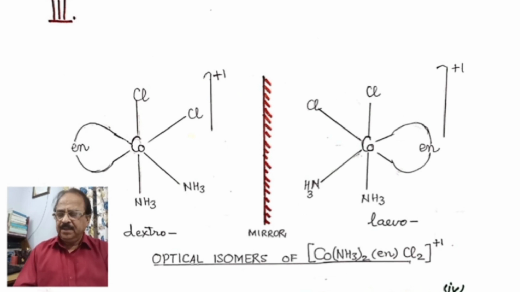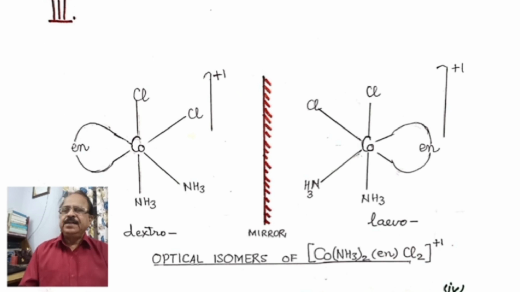Now the last example. In this octahedral complex, the cobalt cation has one didentate ligand attached to it, that is ethane-1,2-diamine, two ligands of one type, the chloride ligands, and two ligands of another type, the ammonia ligands. They are bonded.